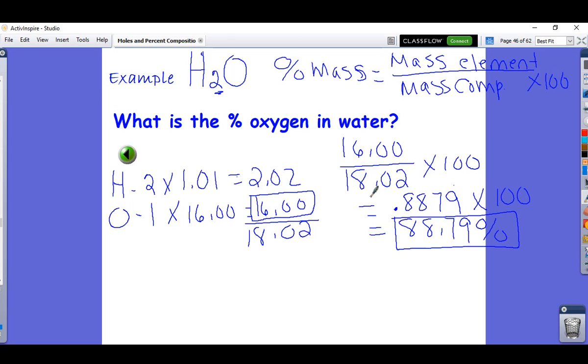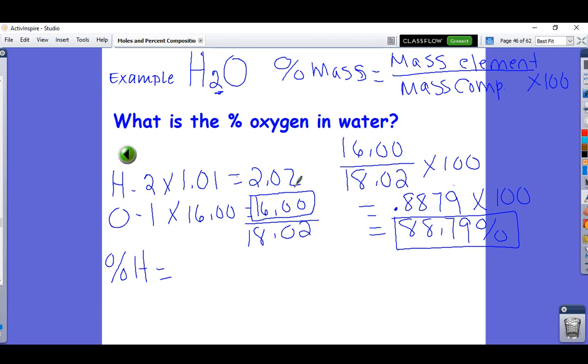Then we can do the same thing for hydrogen. If I want to know what percentage of hydrogen makes up the compound water, we would say percent hydrogen equals, and hydrogen's mass in this formula is 2.02, not just 1.01.